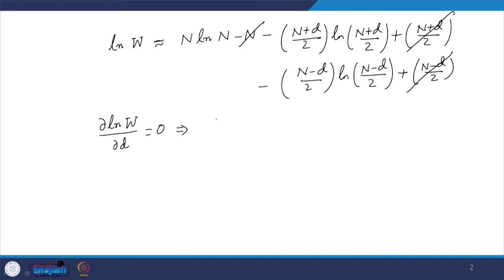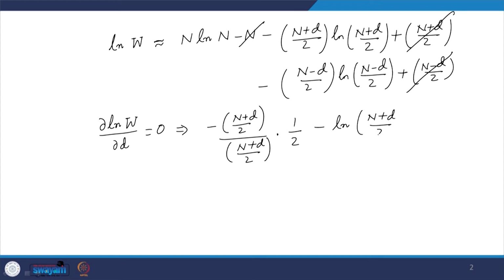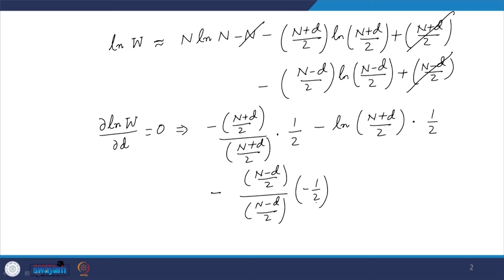So, this gives me a minus half here because we take a derivative of (N minus d)/2 with respect to d, and then we have again a minus half appearing here, and that is equal to 0.